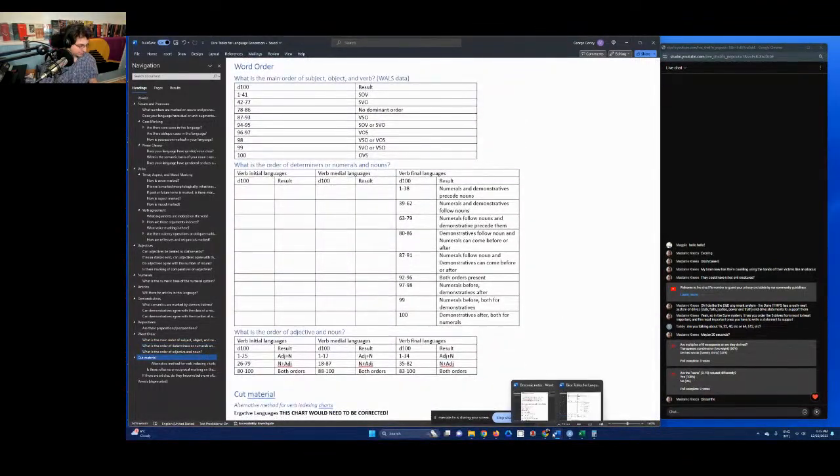So we're looking at a very strongly head final language here, just by the way things have worked out.